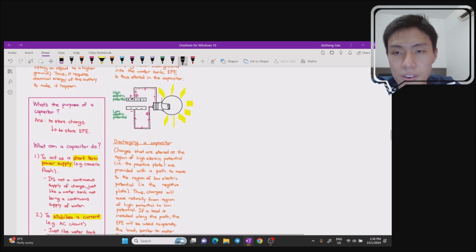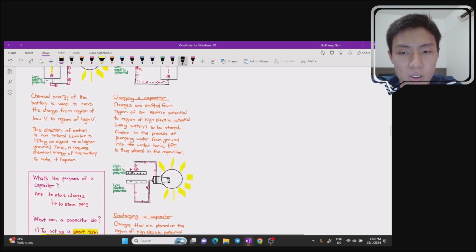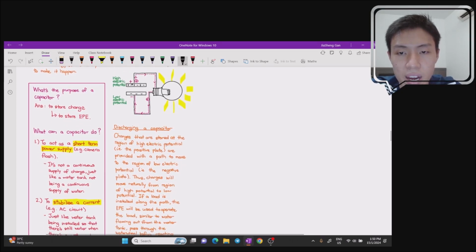Okay, let's continue to look at the right hand side over here. What happened is I have already disconnected the battery from this circuit, and now I can say that the capacitor is charged. After I charge it, I remove the battery, so the charge still remains in the capacitor. But now I connect this circuit here to a light bulb instead. So now when I connect it to a light bulb, charges that are stored at the region of high electric potential are provided with a path to move to the region of low electric potential.